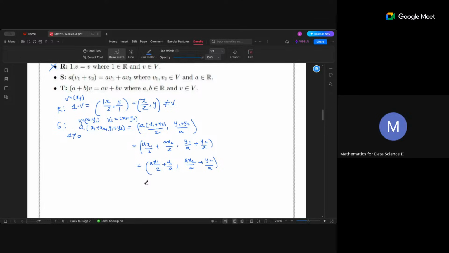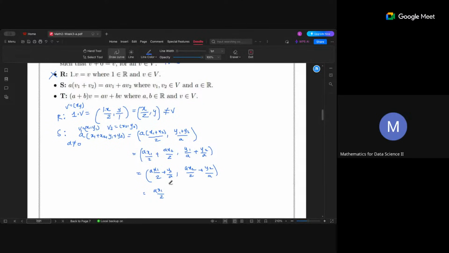Now what is this? Again, I'm going to rewrite this. Did I rewrite it correctly? No, I made some mistake. I wanted to rewrite in a different way, but I wrote it wrongly. Sorry.